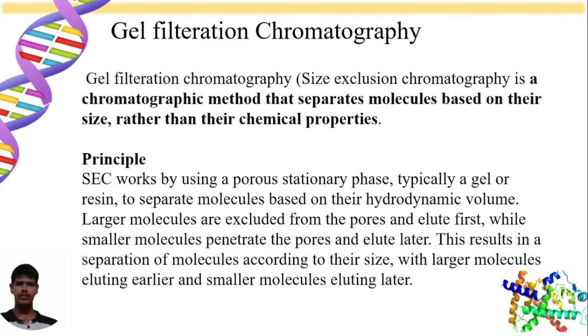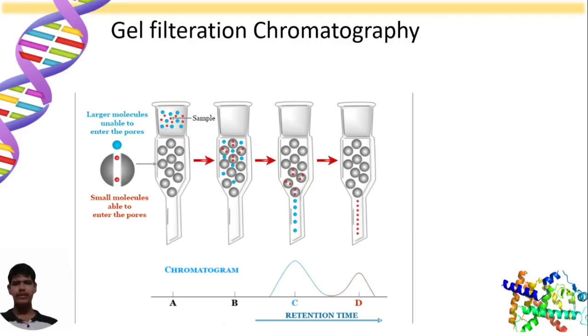Gel filtration chromatography. Gel filtration chromatography, or size exclusion chromatography, is a chromatography method which separates out molecules based on their size. The gel filtration chromatography has a stationary phase which is porous in nature. What happens when a sample contains larger molecules and smaller molecules?